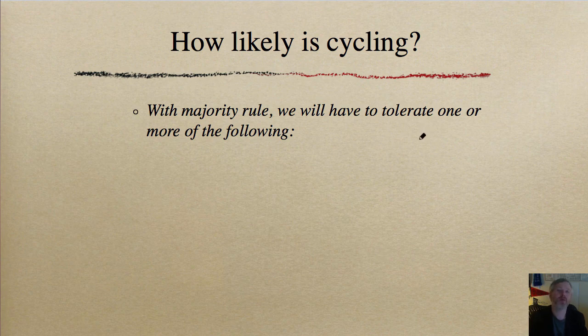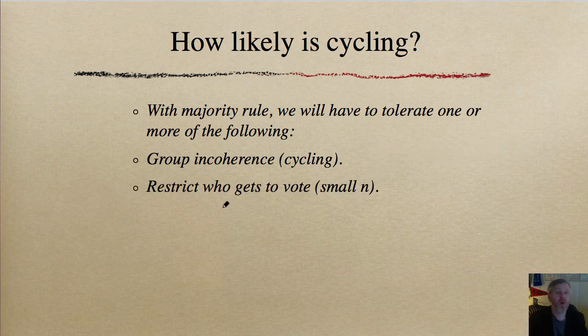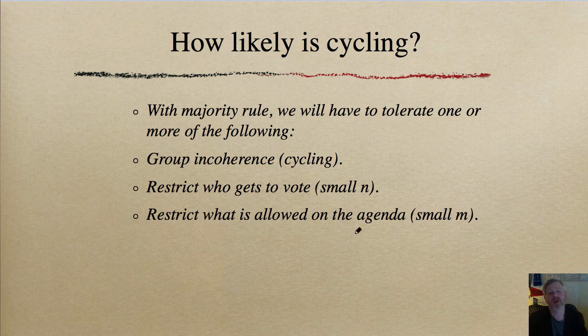So with majority rule, we're going to have to tolerate one or more of the following things, all right? We're either going to have group incoherence or intransitivity. We're going to have to tolerate the chances that we'll have a vote cycle, or we're going to have to restrict who gets to vote, or we're going to have to restrict what is allowed on the agenda, meaning what is allowed in the choice set, meaning small m, okay?